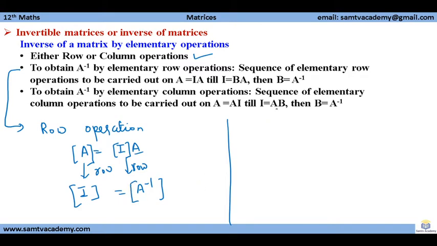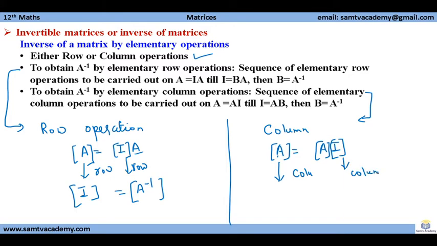Similarly, if it is column operation, in column operation you have to write like this: A equal to AI. So in this also you have to perform column operations on A, and the I will remain untouched.